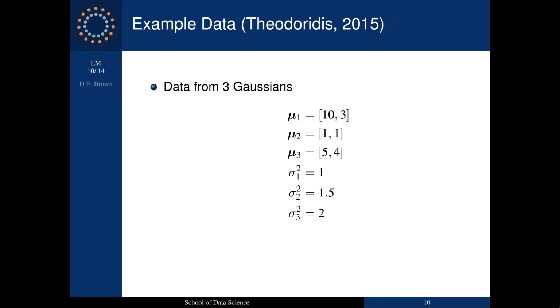Okay, so let's look at an example of how the EM algorithm works with these Gaussian mixture models. This example comes from Theodoridis, and we have three Gaussians that are going to generate the data with the mean vectors as shown. The variance covariance matrix is a constant, sigma squared, multiplied by the identity matrix.